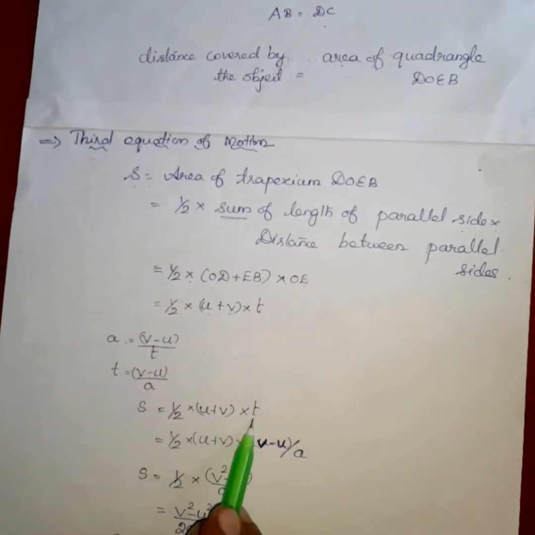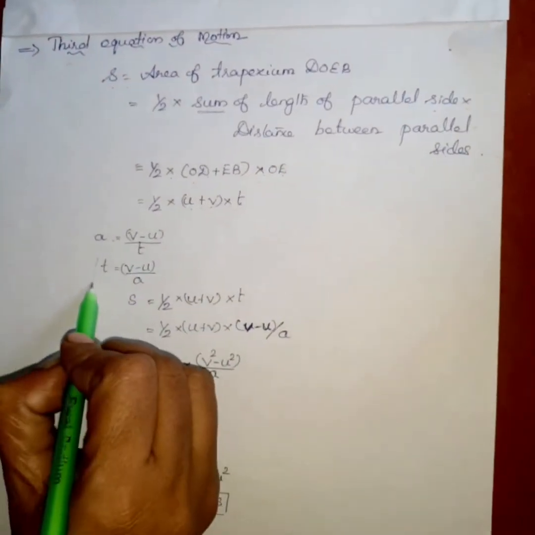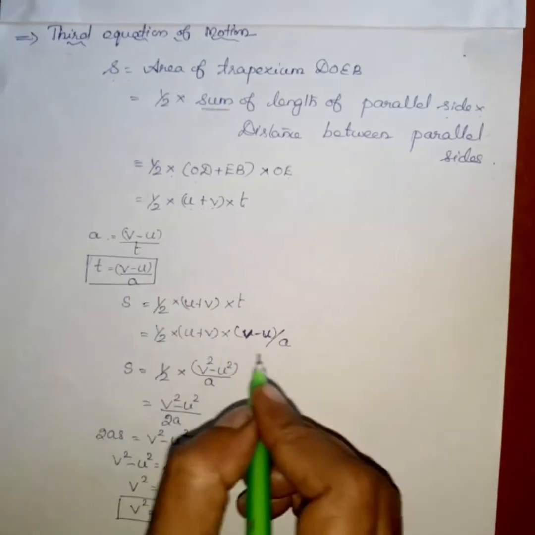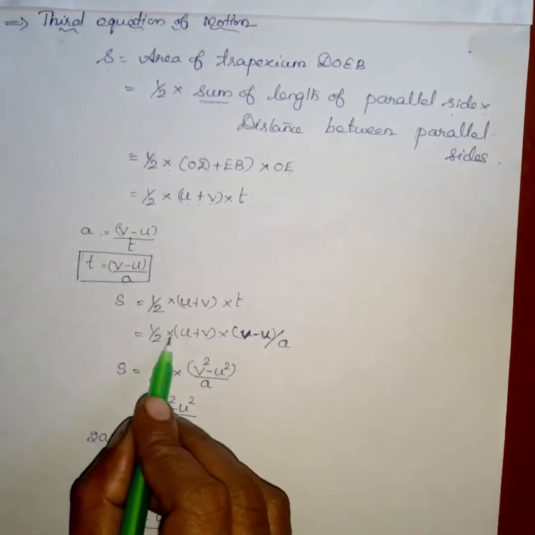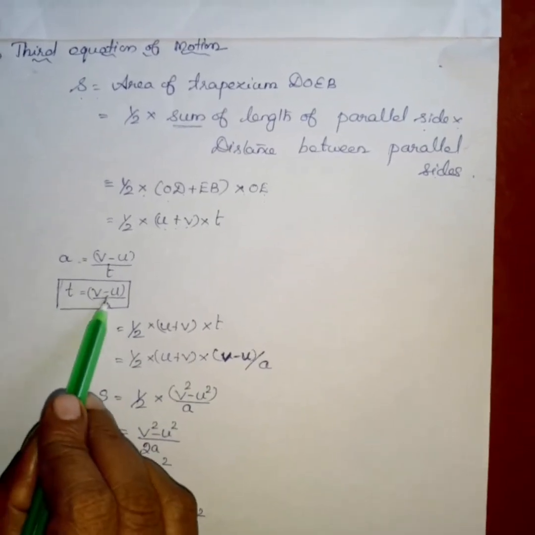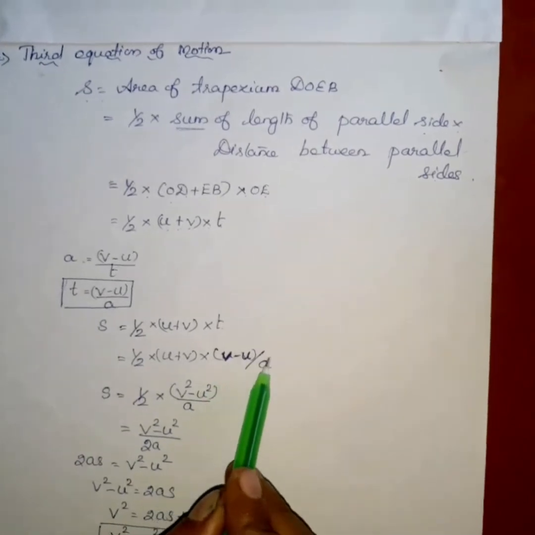What's the value of t? t = (v − u)/a. Now substitute the value: s = half into (u + v) into (v − u)/a.